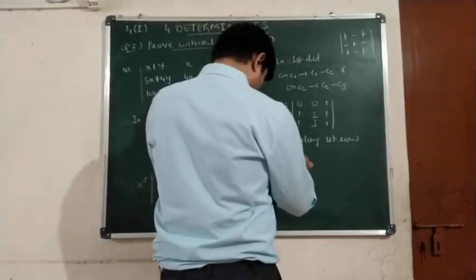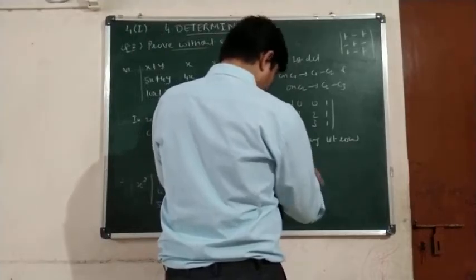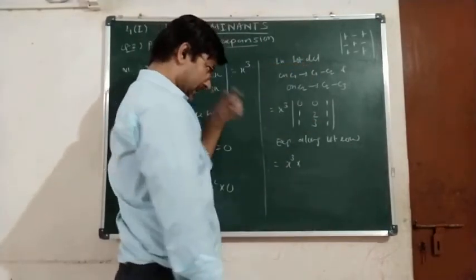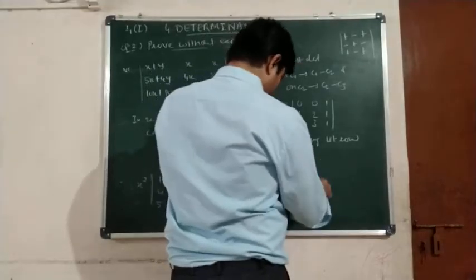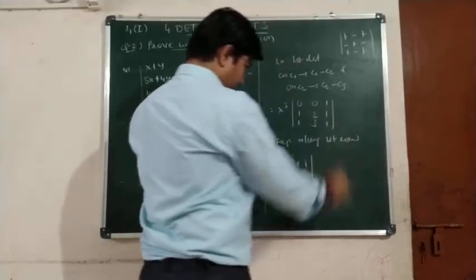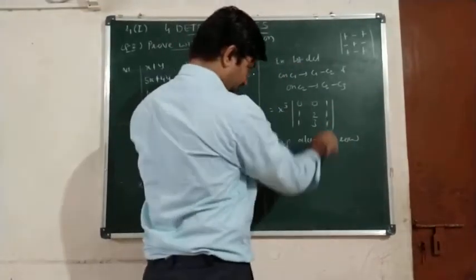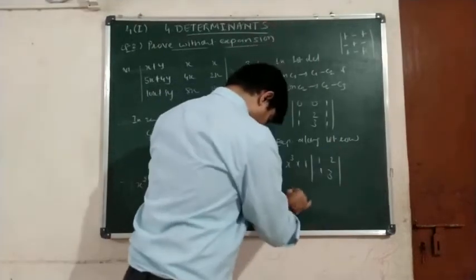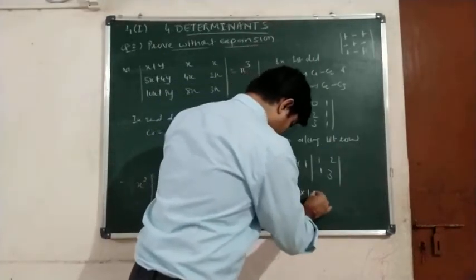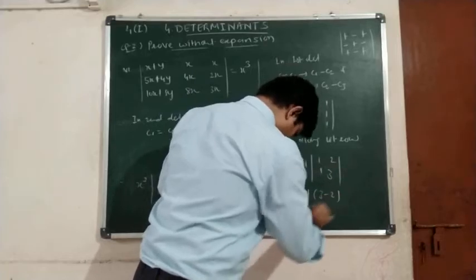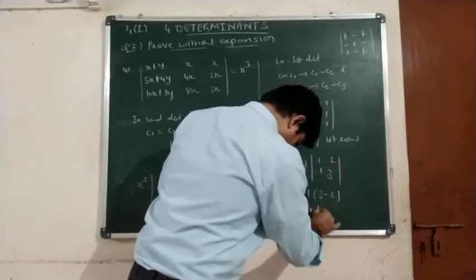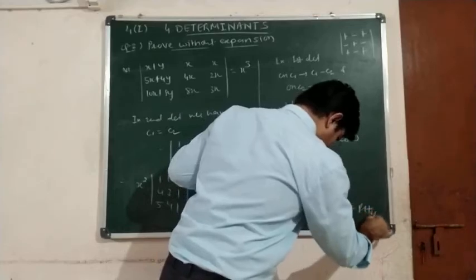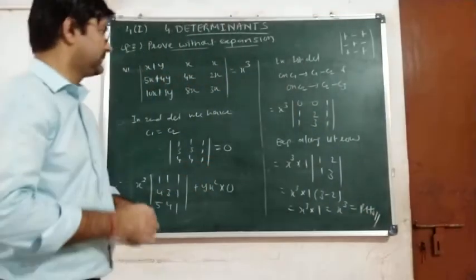So x cube into, I will write down directly the third element because first and the second are both zeros, so 1 into the determinant will be eliminating the first row and the third column. We get 1 2 1 3. Now x cube into 1 into 3 minus 2, so x cube into 1 is equal to x cube, which is equal to RHS. Clear?